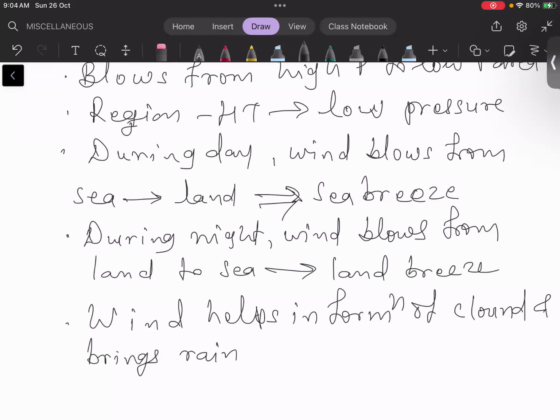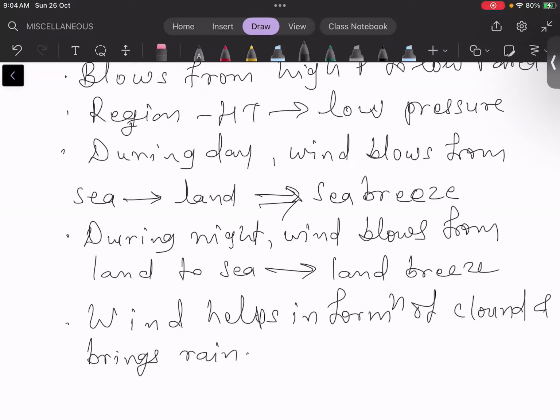Water droplets from the oceans, seas, and rivers go up to a high level, and several vapors come together and form a cluster of vapor. That leads to the formation of a cloud.